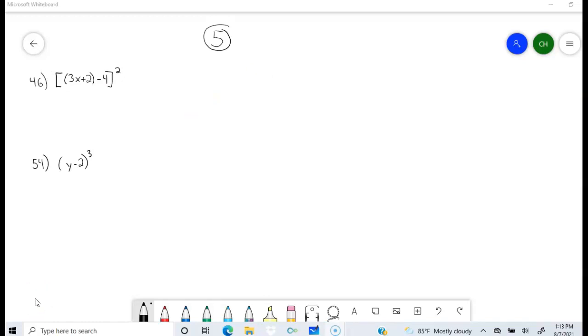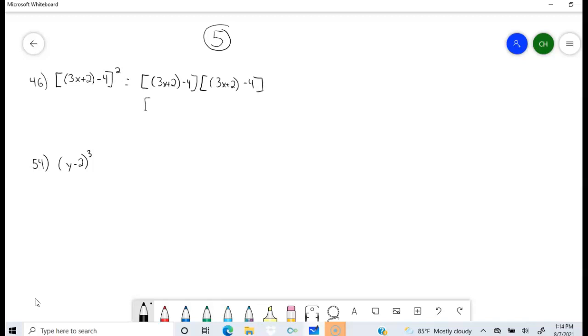Okay, so 46, they took it up another step. We're going to have the quantity of 3x plus 2 minus 4 times the quantity of 3x plus 2 minus 4. So that's two binomials that we can now simplify a little bit more.